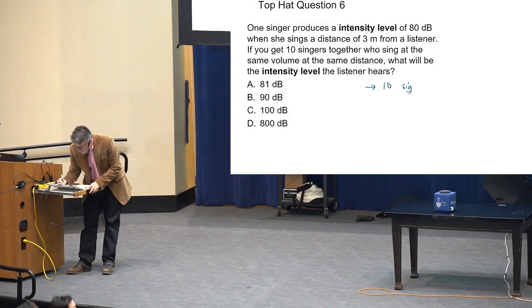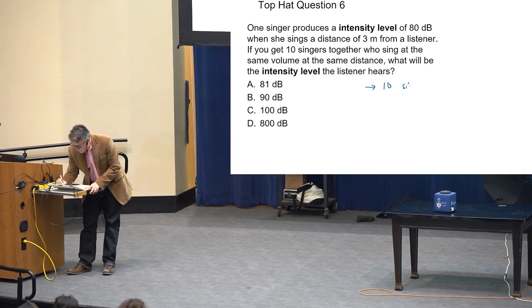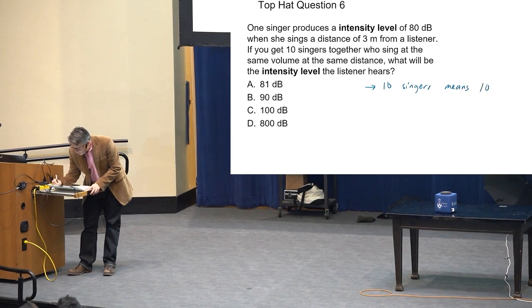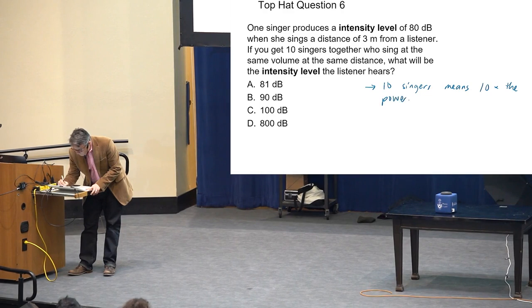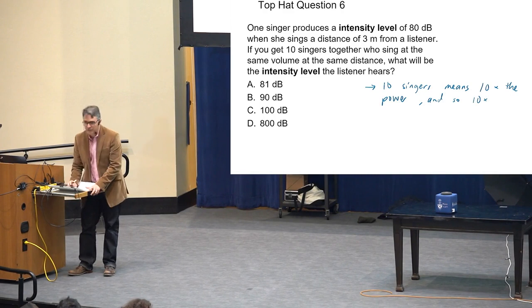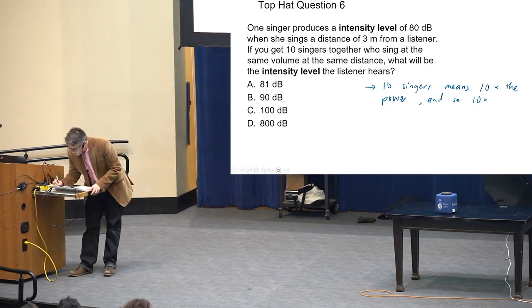Like the real thing is the intensity, right? 10 singers means 10 times the power. And if they're at the same distance, and, I'm not sure how 10 people can stand at the same distance, but maybe it's possible. So 10 times the intensity.